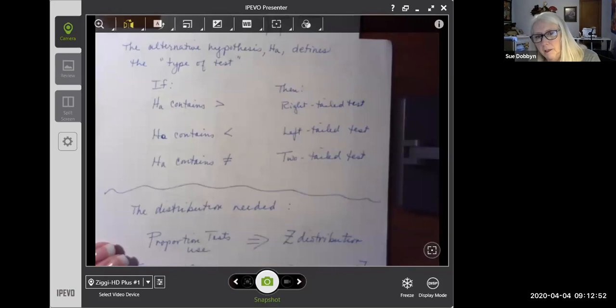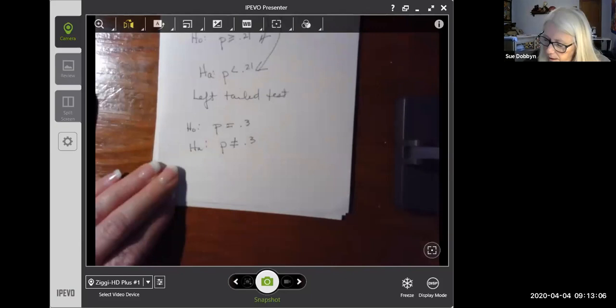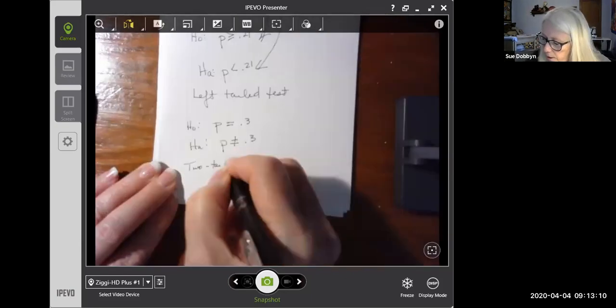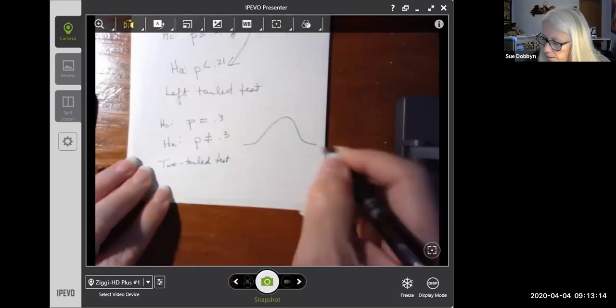So when the alternative hypothesis says not equal to, it's a two-tailed test. And that means that you have a critical region on either side of the bell-shaped curve.